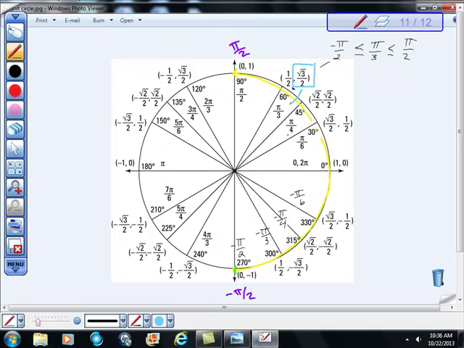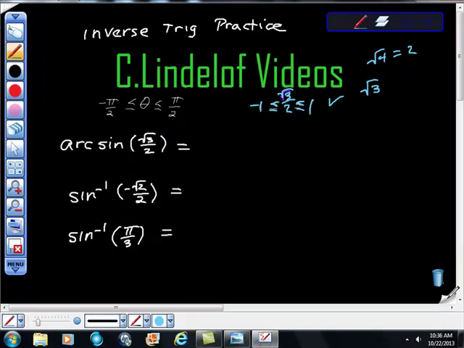So it corresponds to pi thirds. True? Yes, since sine of pi thirds is equal to square root 3 over 2, right?